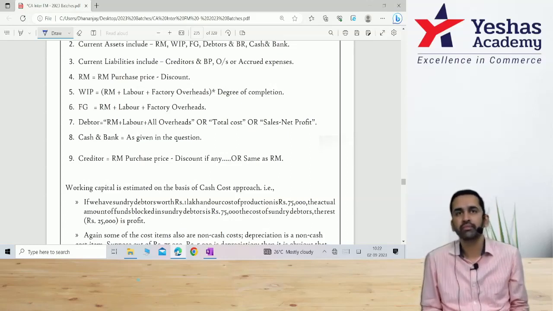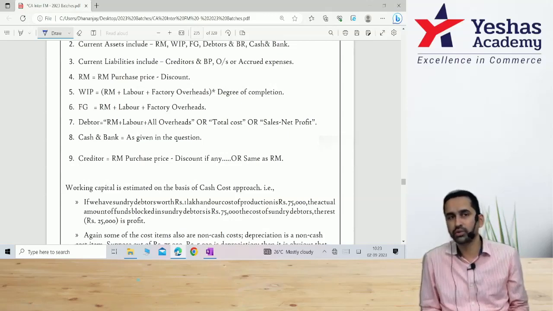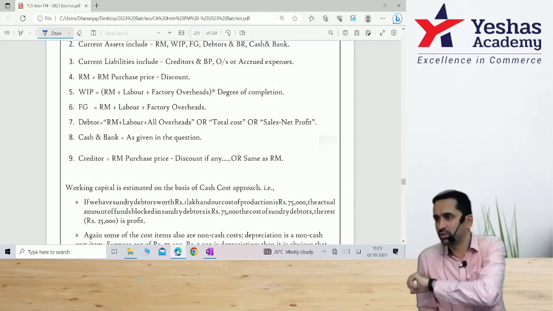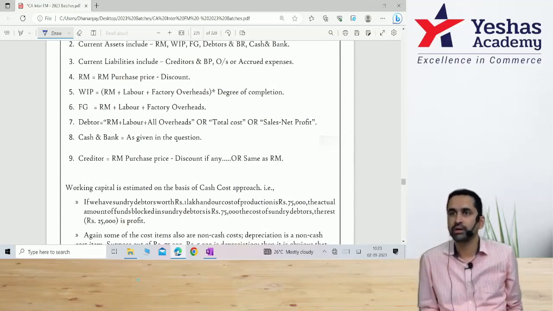If you see in the operating cycle method, whatever we did is the same thing that we're discussing once again. If you observe from 4th till 9th, RM period, WIP, FG, debtor and creditor, it's the same thing that we did. But there we used to consider everything in days and finally convert the value to working capital. But here we have to find out the value of each element.